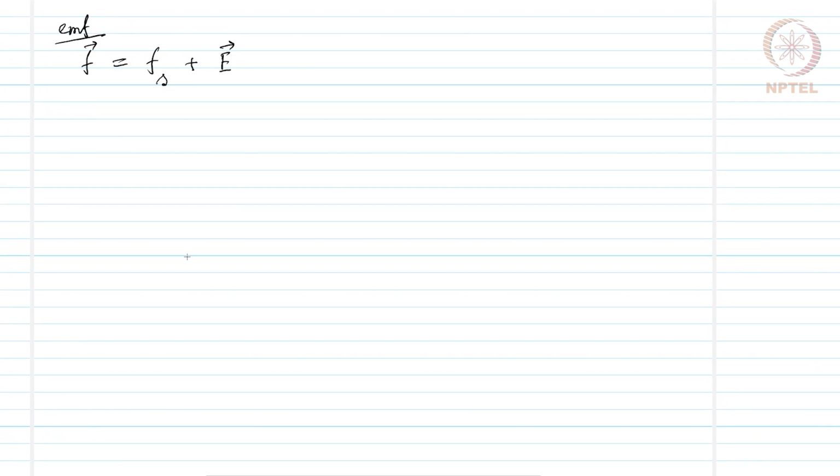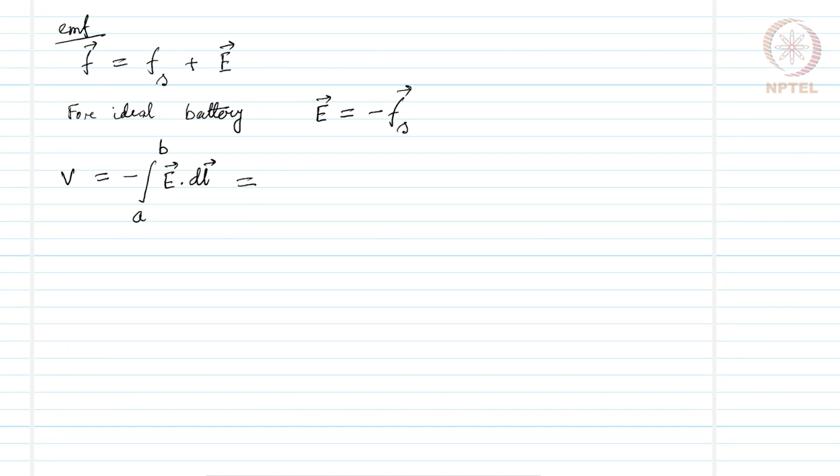Then, if we do not have any resultant force, that means in the steady state, for ideal battery we can write the electric field is exactly equal and opposite to the source force, that is the force due to battery, and then V, that is the potential difference from say point A to point B, negative integral of the electric field dot dl over these 2 points, gives the source force from point A to point B, fs dot dl.